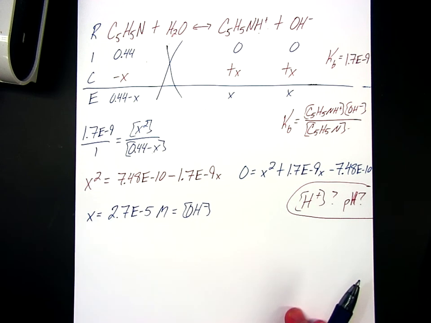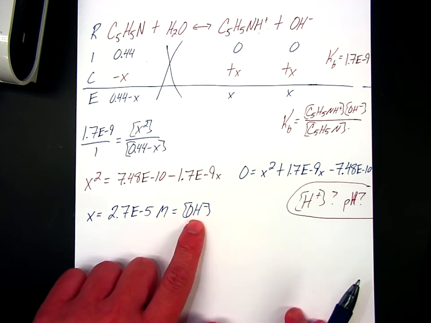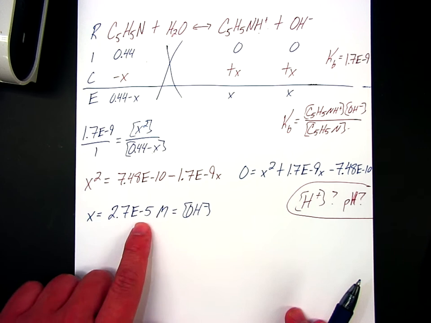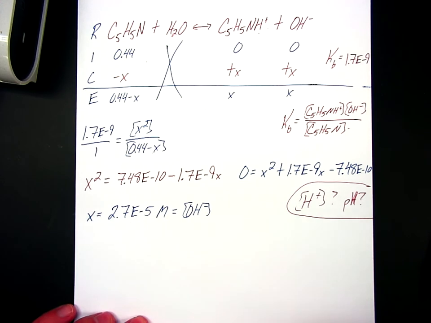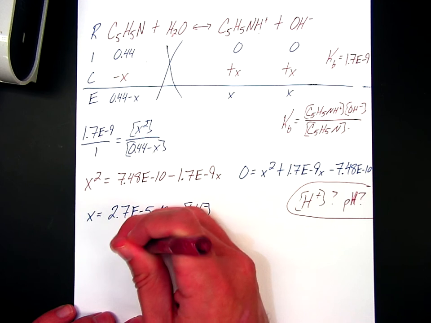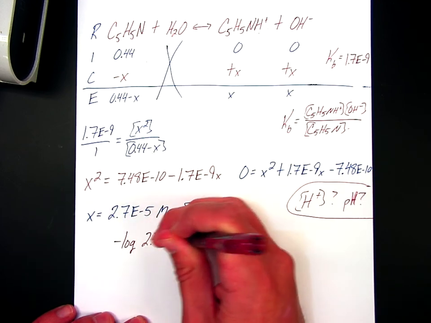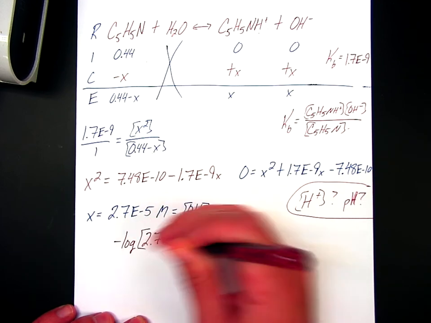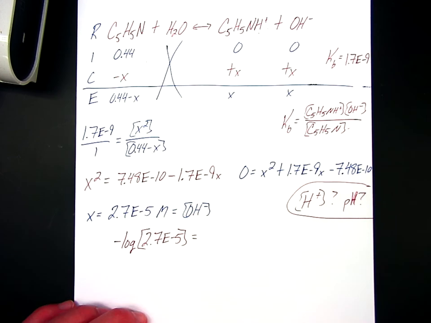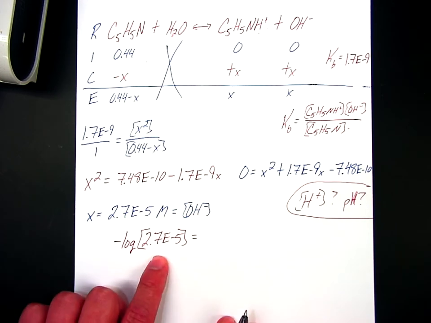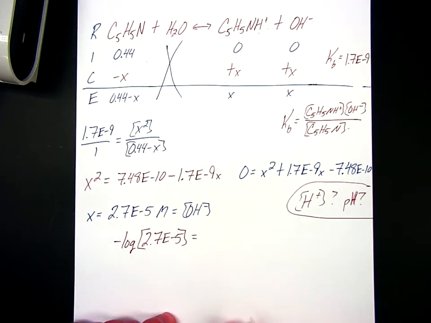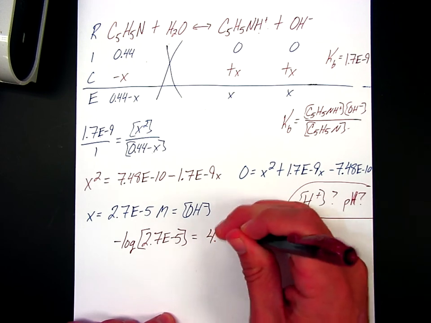So I know this is what I ultimately want. I've got my OH concentration here. So what I can do from here, and there's a couple different routes to go. One way is I could just take the negative log of this concentration. And if you take the negative log of him, since it's from an OH, it's going to give me a pOH.